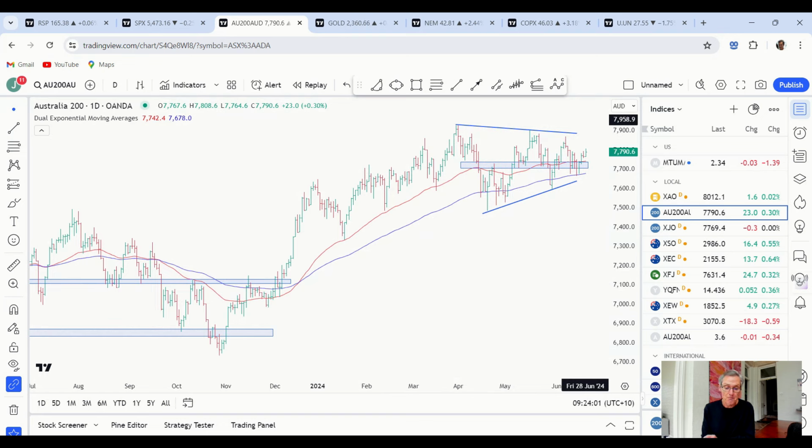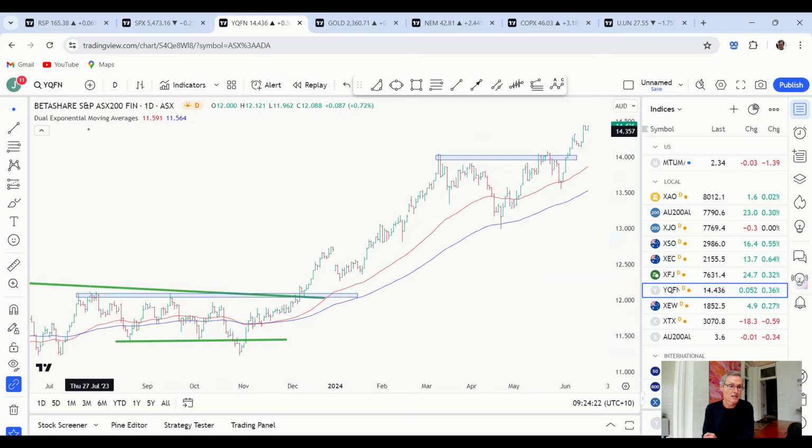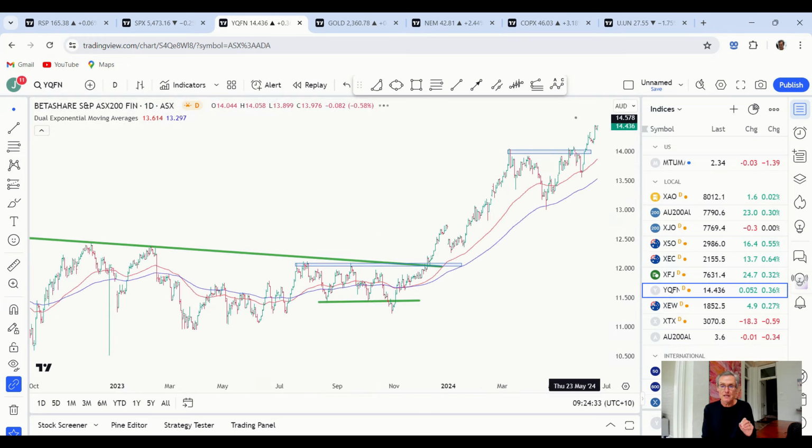What's been interesting is there's plenty of news about the economy in the media at the moment. There always is, but at the moment the news flow seems to be quite downbeat generally. What I find interesting is, when we look at a financial ETF, this is the BetaShares ASX 200 Financial ETF, we're getting this downbeat commentary around the economy generally, but when you look at the financials, they're making new highs.